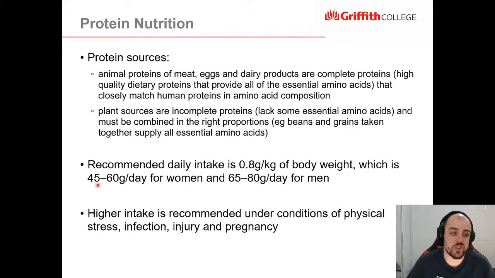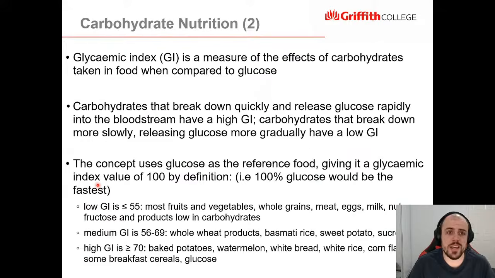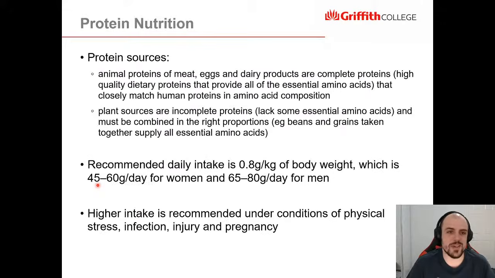If you're under physical stress, if you are injured, you will need more protein intake to help you heal. If you are pregnant, you're basically going to have to increase on all these: carbohydrates, lipid, and protein. So ultimately, your diet should be adjusted and should accommodate what you are doing physically, to ensure that what you are fueling your body with is enough to meet those demands.